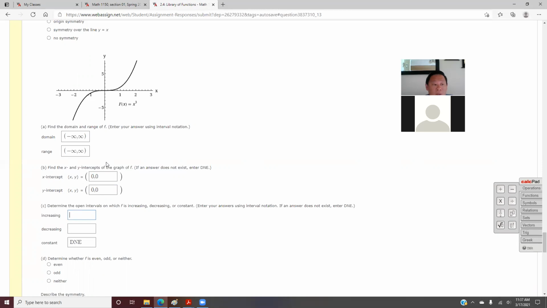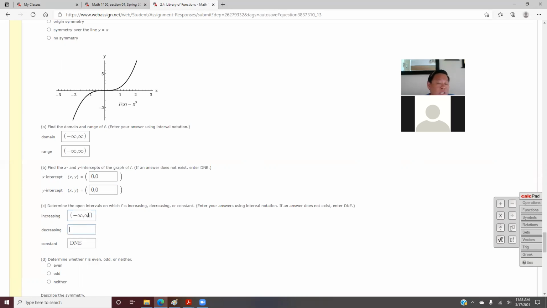In other words, the whole line. When you zoom in to here, it will still keep going up. That's why you increase from negative infinity to infinity. Does this graph ever decrease? No. Constant? No.